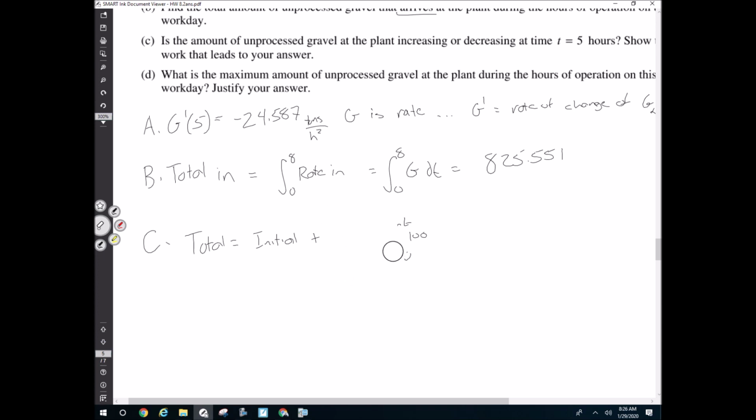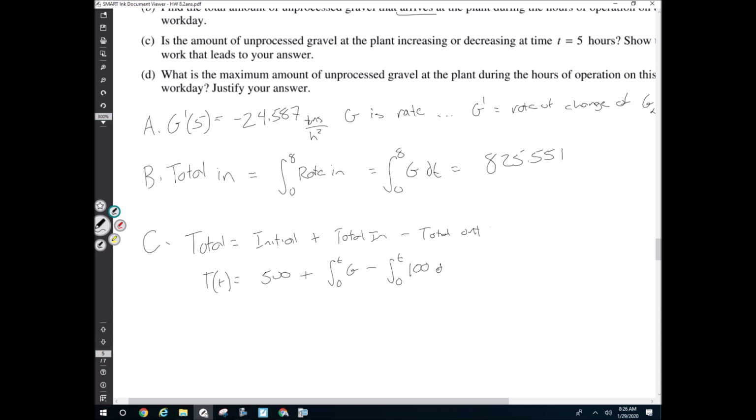I'll make it very clear: initial total plus the total that's come in minus the total that's gone out. So T of t would be our initial plus our total in minus our total out.